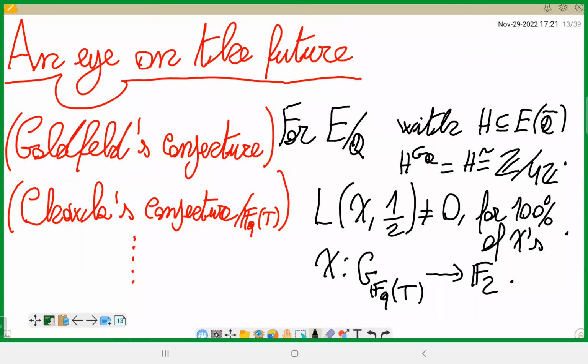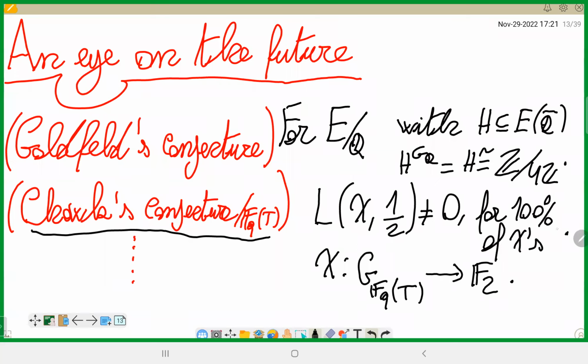And something we're working on with Peter and Mark Schusterman is Chowla's conjecture over FqT, namely for fixed q, prove the non-vanishing of the L-function of a quadratic character at the half point for 100% of the characters.